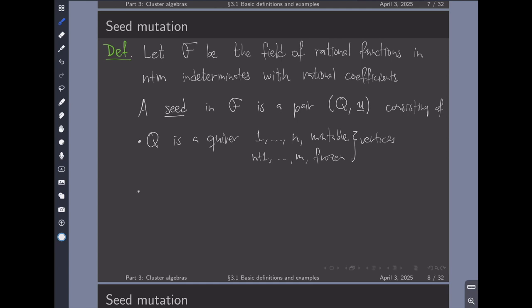And second, U is an n plus m tuple of algebraically independent elements. So U lives in F to the n plus m, and it's algebraically independent.